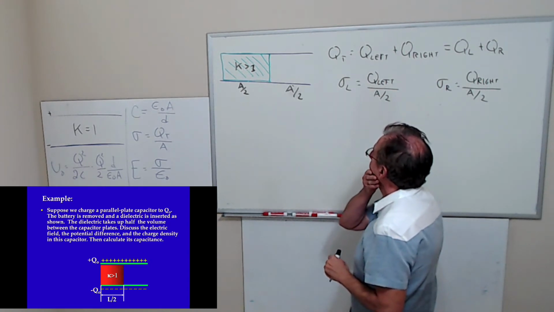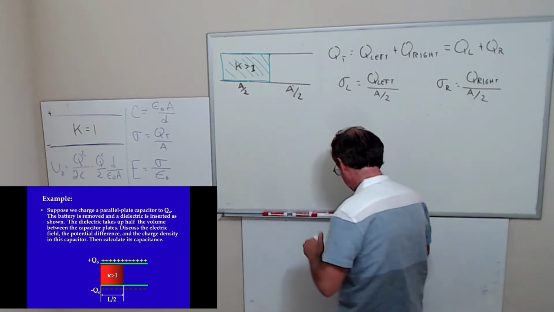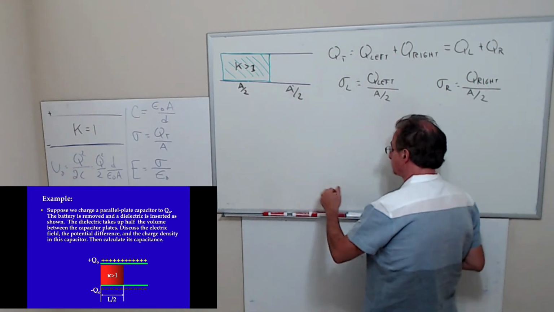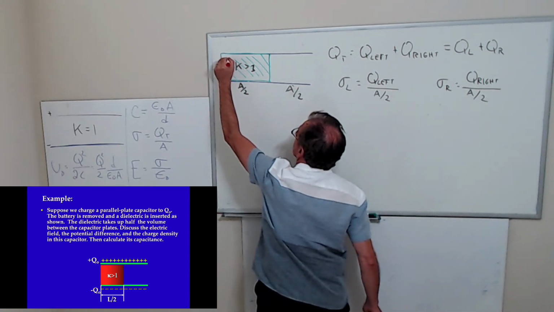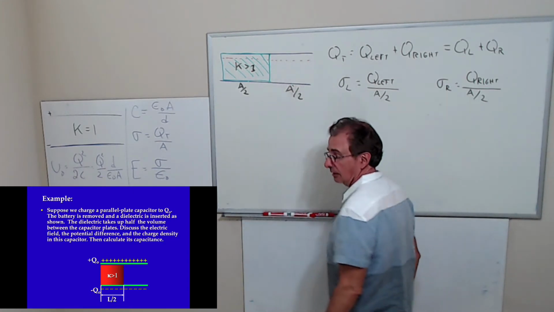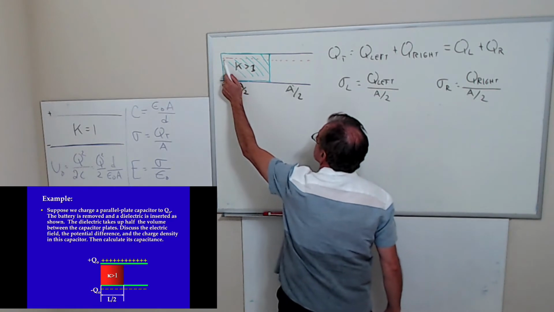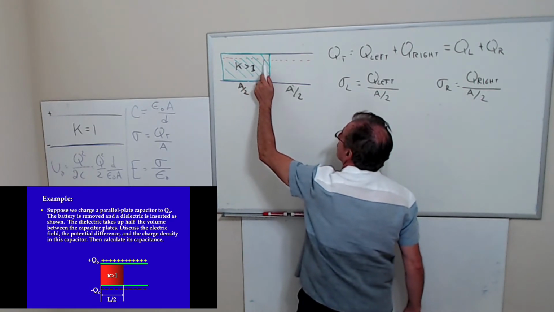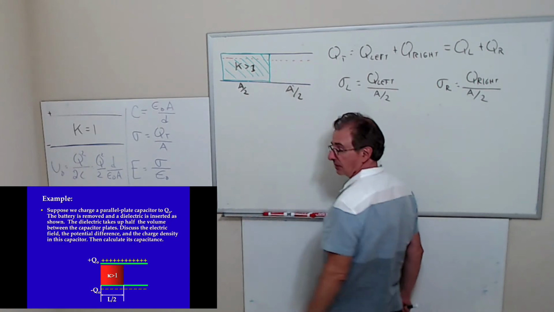Okay, well, if that's the case and we have a uniform field, then what about the equipotentials? What if I march across here and draw that equipotential line? Is the equipotential the same value all the way across from this side of the boundary to that side of the boundary?